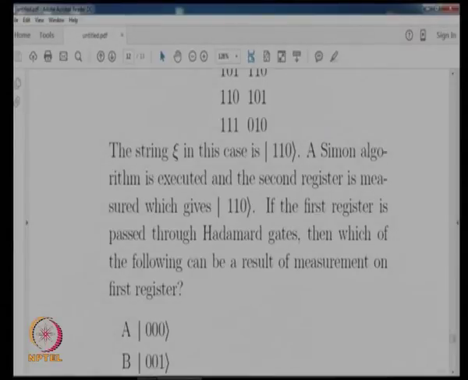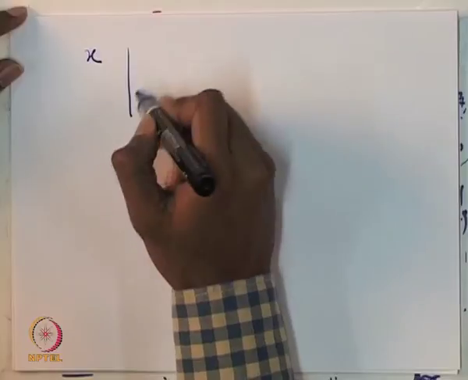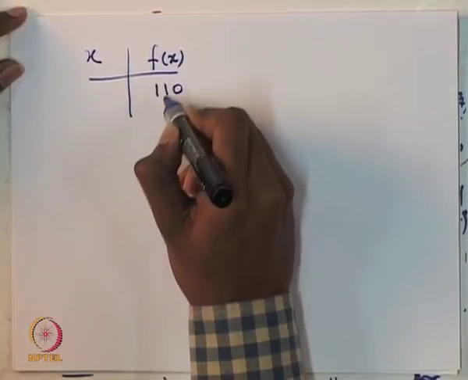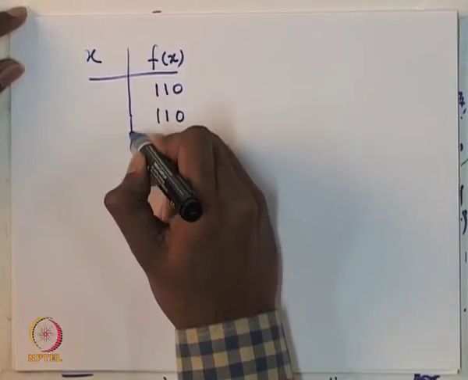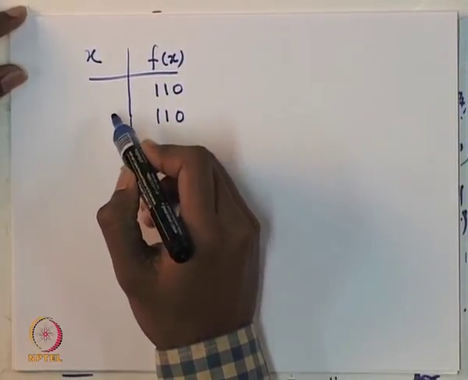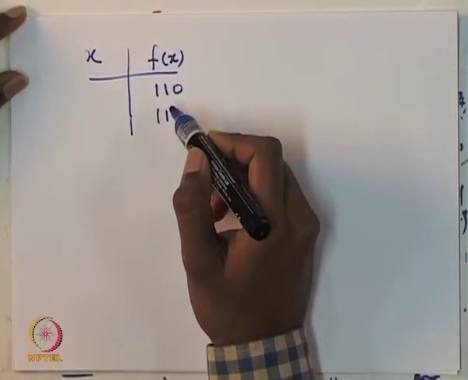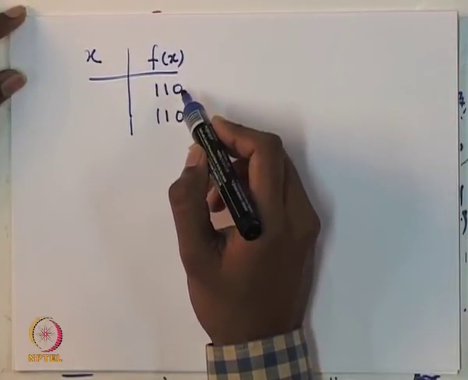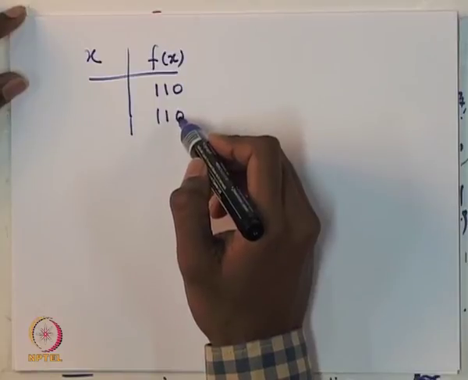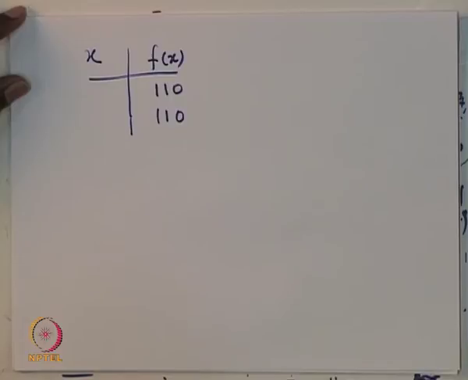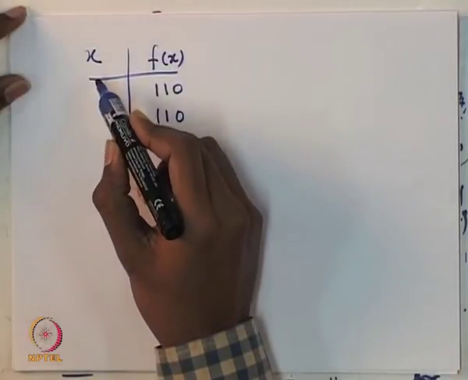So we need to find x which has f of x as 110. Obviously there will be two different values of x which have f of x as 110. By stating that the measurement on the second register gives 110, we are asked: what are the possible states of x?